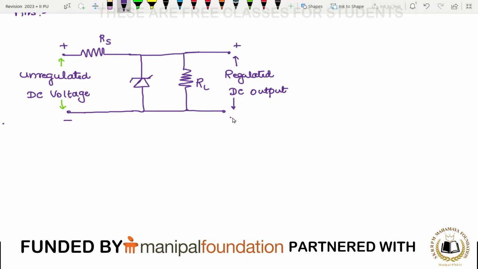Here becomes plus and here is minus. This is plus because the Zener diode becomes reverse biased here. This is a Zener diode and this is the symbol of the Zener diode. And if you draw this, the circuit diagram is over.